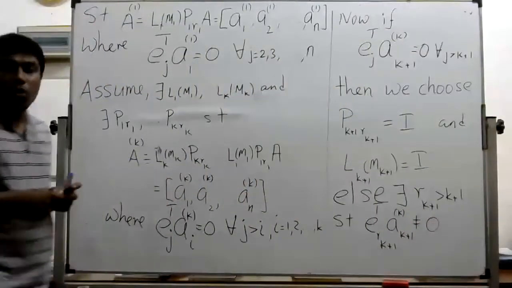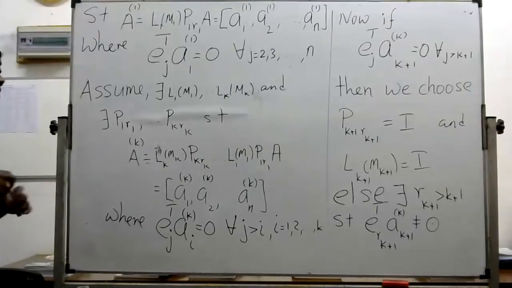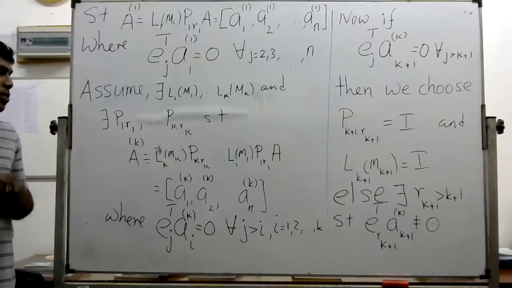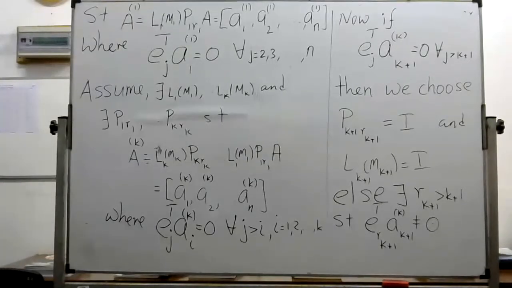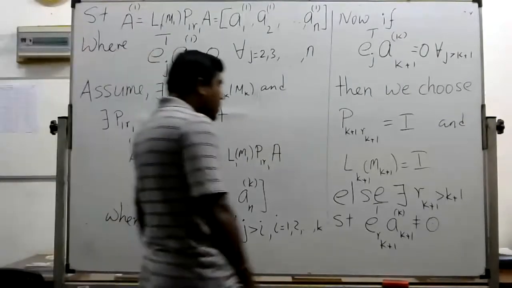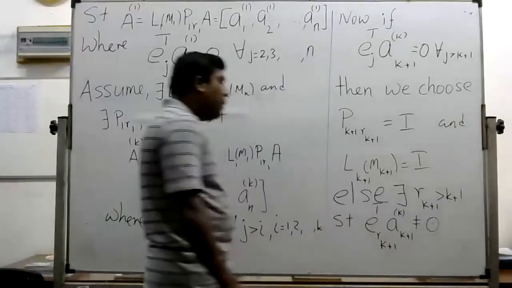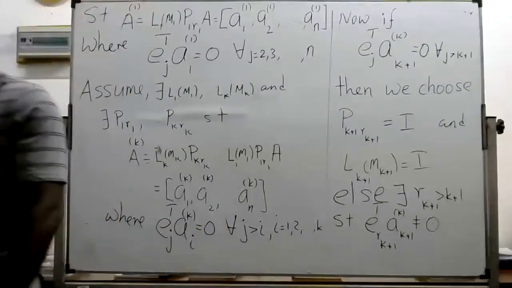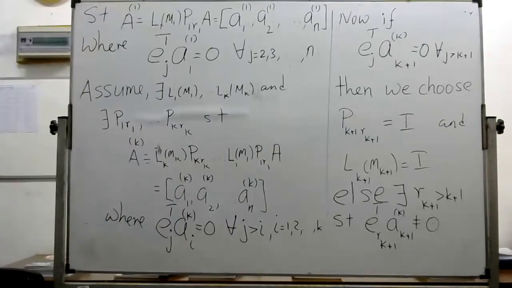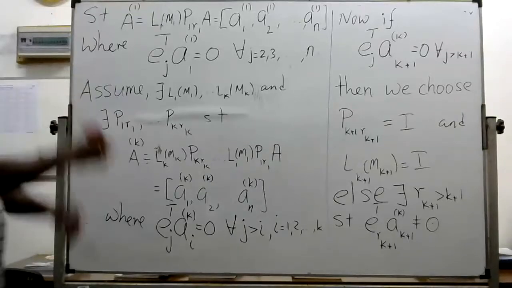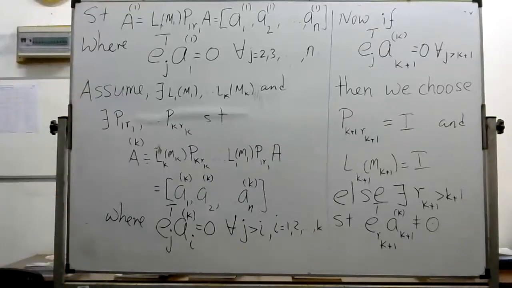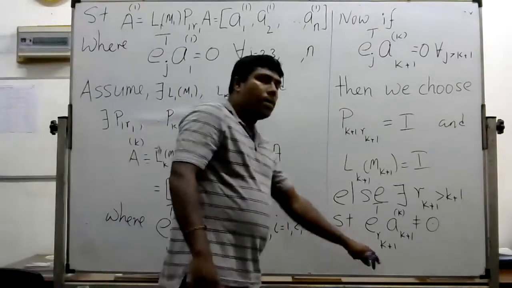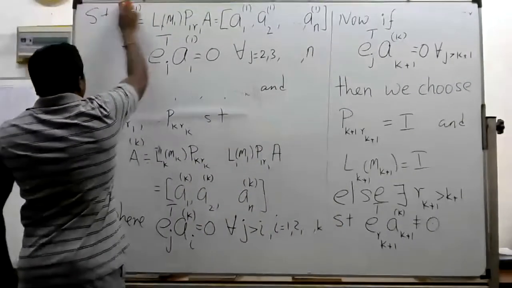Else we know that there exists a place below the diagonal on the k plus first column which is non-zero. There exists a term on that column below the diagonal which is non-zero. So as long as it is non-zero, you can always find a corresponding elementary permutation matrix that interchanges the k plus first row with the row r k plus 1.